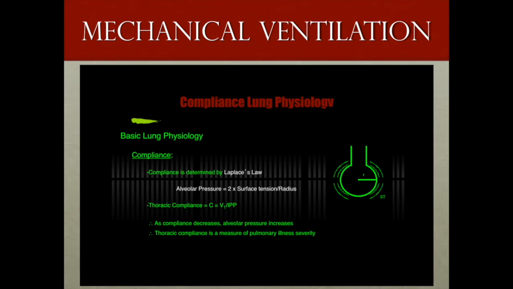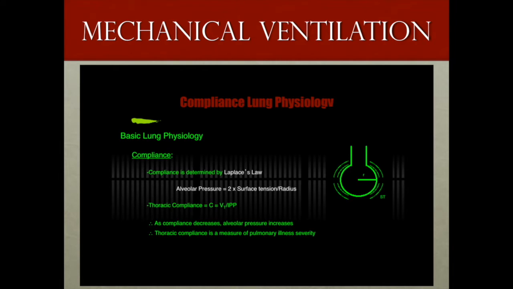There is a physics formula that explains compliance within the lung tissue, and it is Laplace's law. It states that the alveolar pressure is equal to 2 times the surface tension divided by the radius. And while this is interesting to understand, it is not practical to measure the radius of each alveolus.